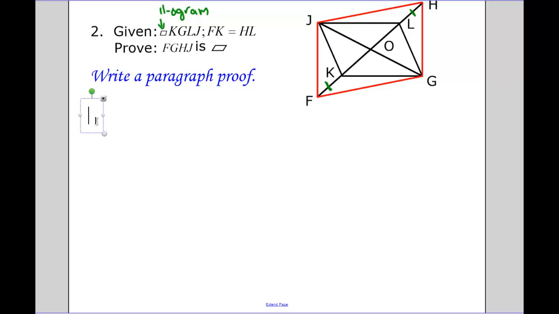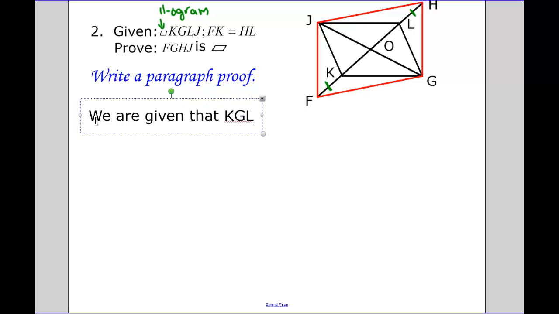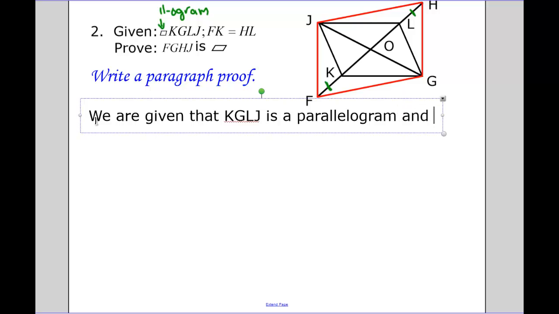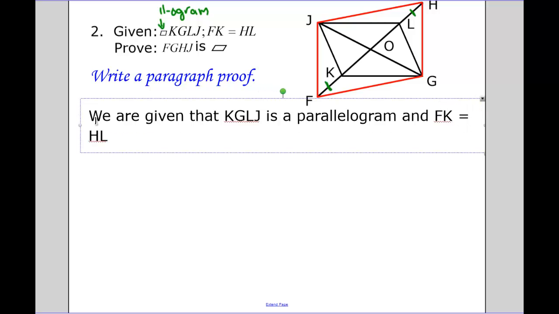Okay, we are given that KGLJ is a parallelogram and FK equals HL.